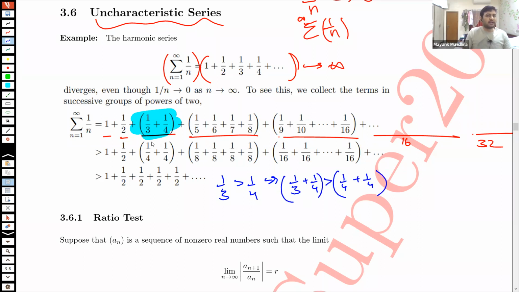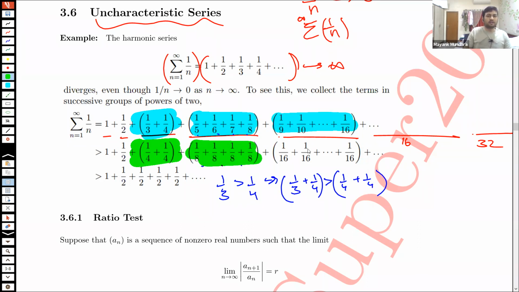So this bracket is greater than this bracket. Similarly, 1 by 5, 1 by 6, 1 by 7, they're all greater than 1 by 8. So adding these 4 is greater than these things. Right? So this bracket is greater than this bracket. And similarly, this bracket will be greater than this bracket.